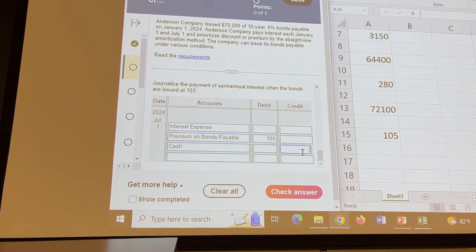And just like in the other parts of the problem, that's still going to be $3,150 because that's based on the stated interest rate on the bonds. And so now to compute the amount of interest expense, it's the $3,150 minus the $105. So that would be interest expense of $3,045.